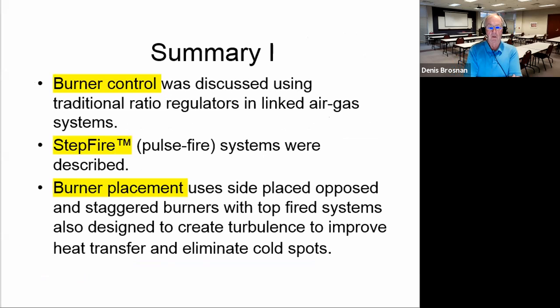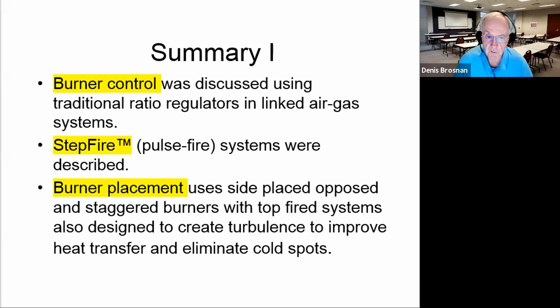Okay, well, to summarize today's lecture, we talked about burner control, the ratio cross-connected systems that are rugged and have been in place for many, many years. And we talked about the newer pulse firing systems with North American's trademark being StepFire.